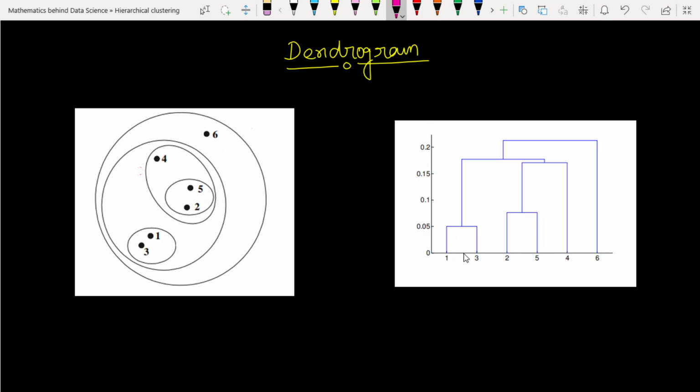This is the initial stage, where we have 6 clusters. Now in the second iteration, we will merge the closer points together. For the second iteration, I am using this pink ink.